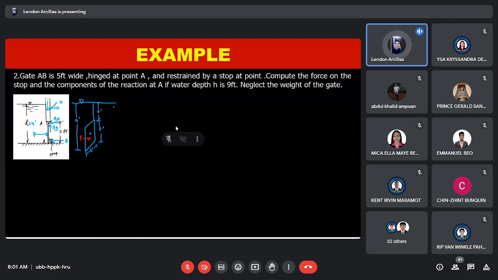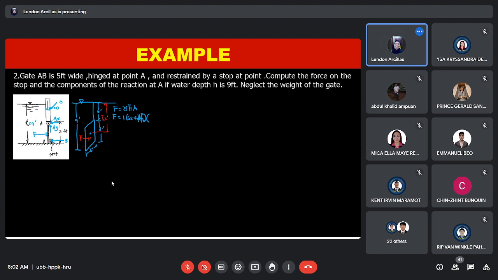So how do we find the value of hydrostatic force? F is equal to the specific weight times h bar times area. F is equal to specific weight is, this is water, so 1 times 62.4 pound force per feet cube. H bar, how do we find h bar? Since this is 6 and half of 3, so h bar is 6 plus 1.5.